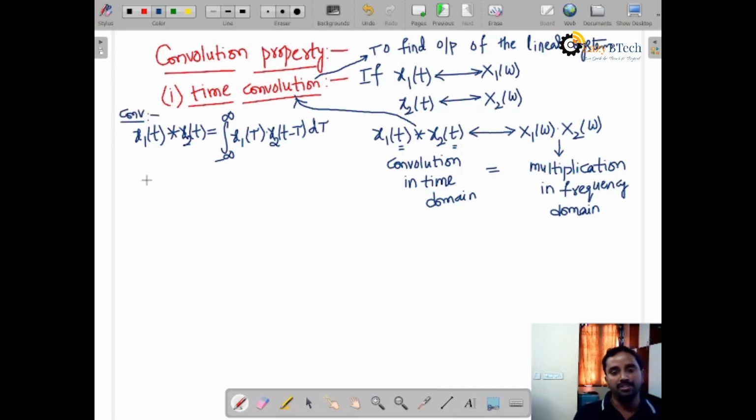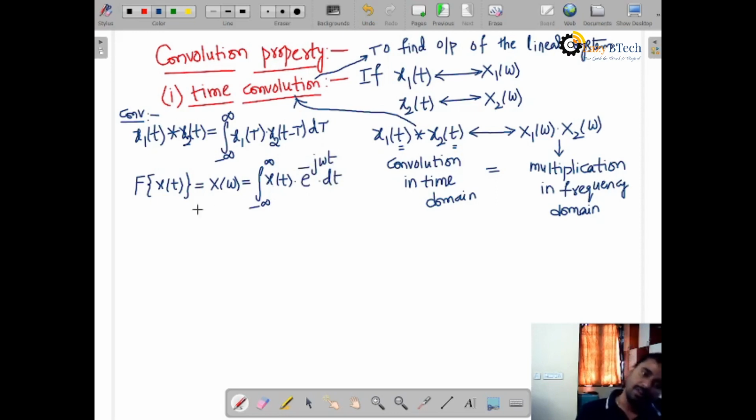Now we know generally the Fourier transform formula: the Fourier transform of a signal x of t is X of omega, equal to the integral from minus infinity to plus infinity of x of t into e to the power minus j omega t dt. Here we want the Fourier transform of x1 of t convolved with x2 of t.